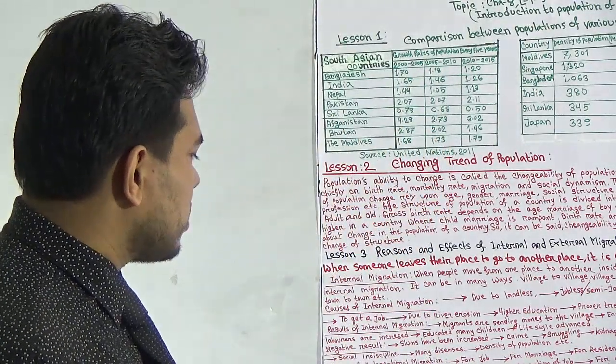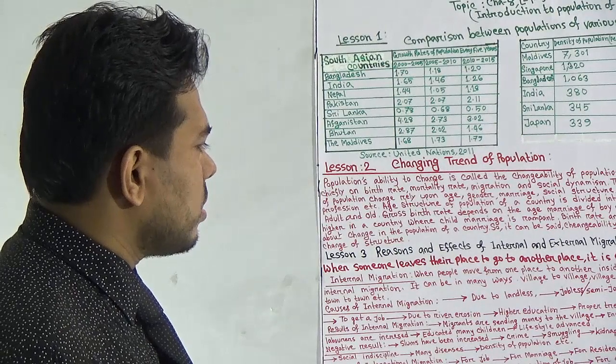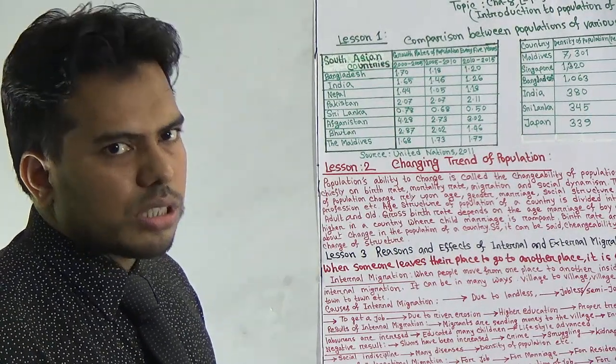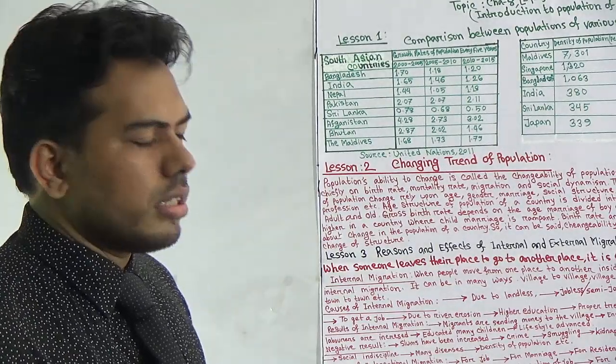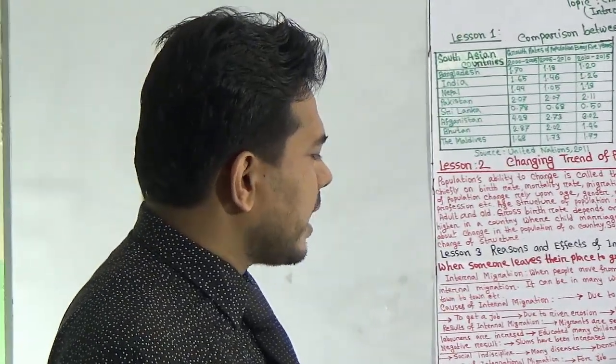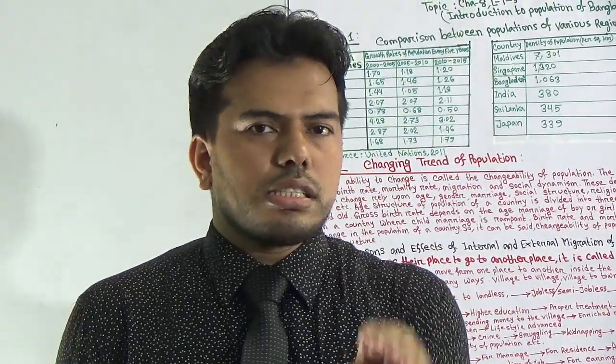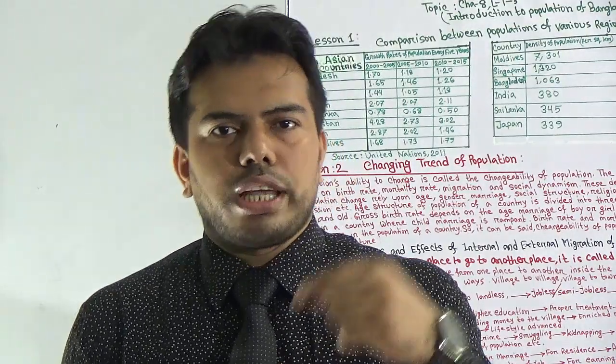Okay, trade and commerce. This is the most important. For trade and commerce, for business purposes, they also settle down in other countries. Political asylum. This is the most important thing in our country. Some people who are engaged in any political party, whenever they face any difficulties, leave for another country.